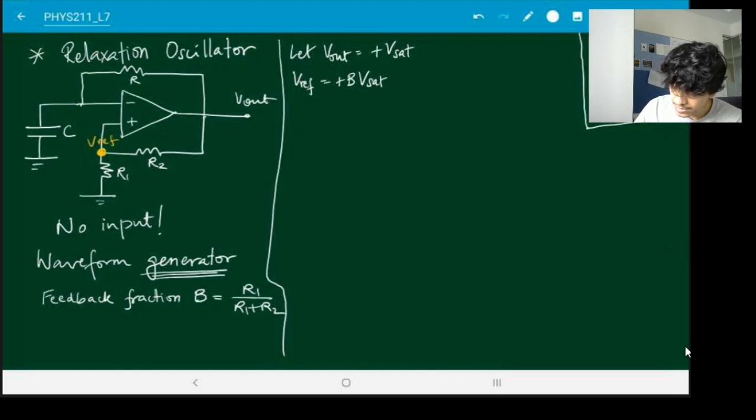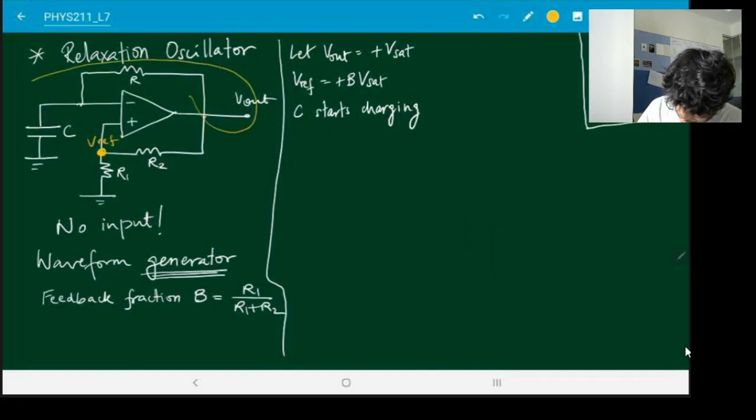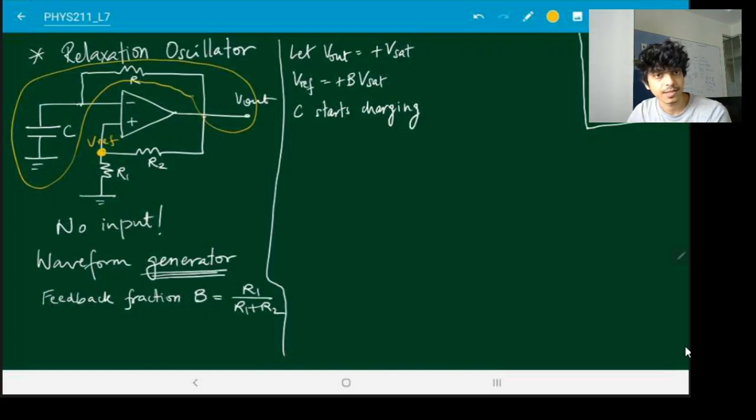Now initially, since V out is at plus Vsat, your capacitor starts charging. You can think of this as being an RC circuit, right? And we have already studied how RC circuits charge and discharge. So we can see how much is the voltage over here.